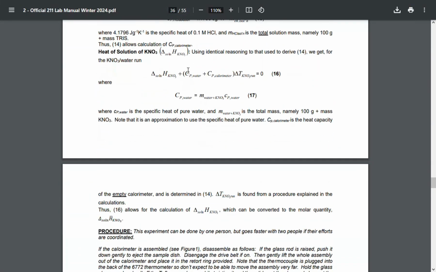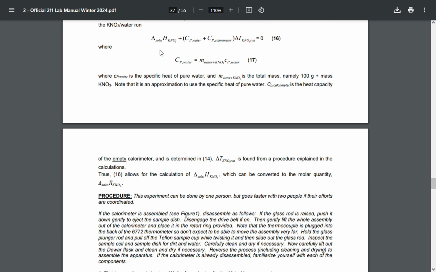Using these three knowns, the heat capacity of the water, heat capacity of the calorimeter, and the change in temperature of the reaction, we can find the change in enthalpy of the KNO3 solution by solving for it. We can then later convert this into a molar quantity by dividing or multiplying by moles as we need, which is the endpoint of this lab.